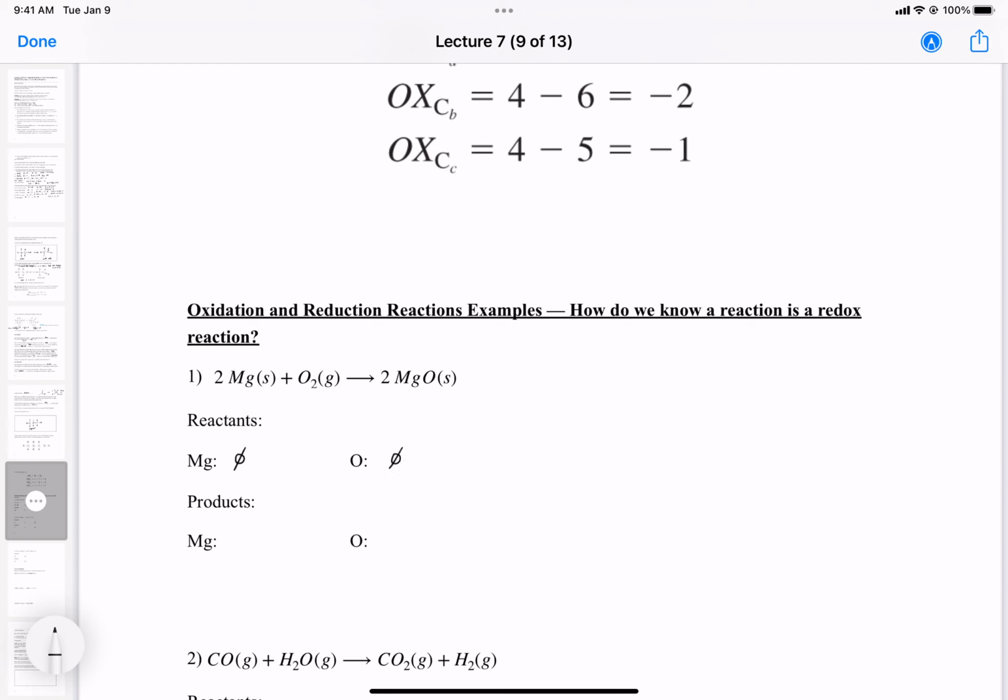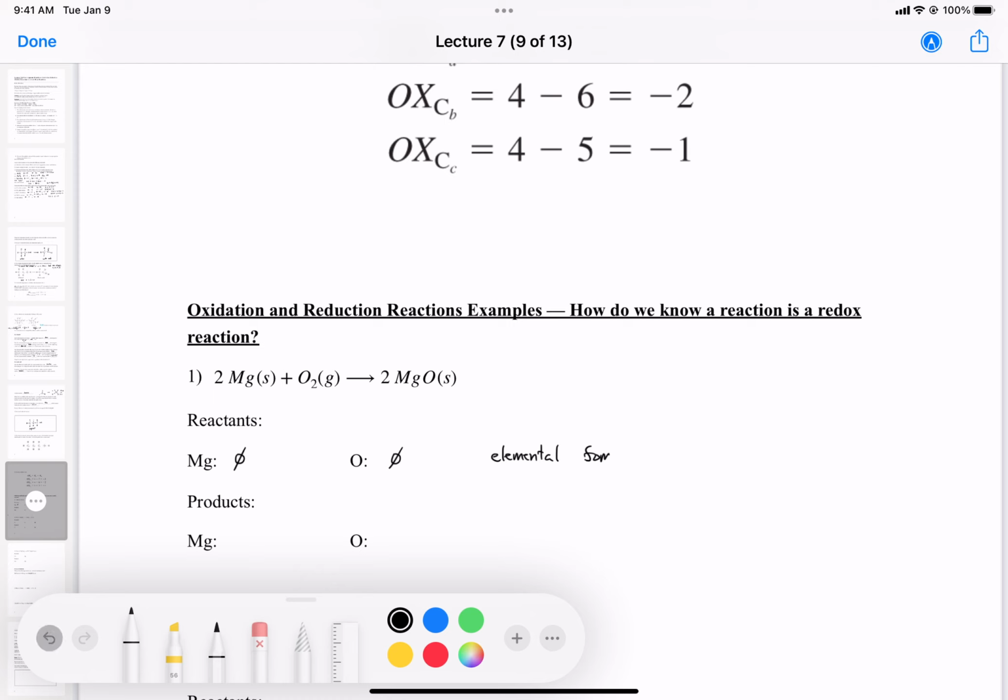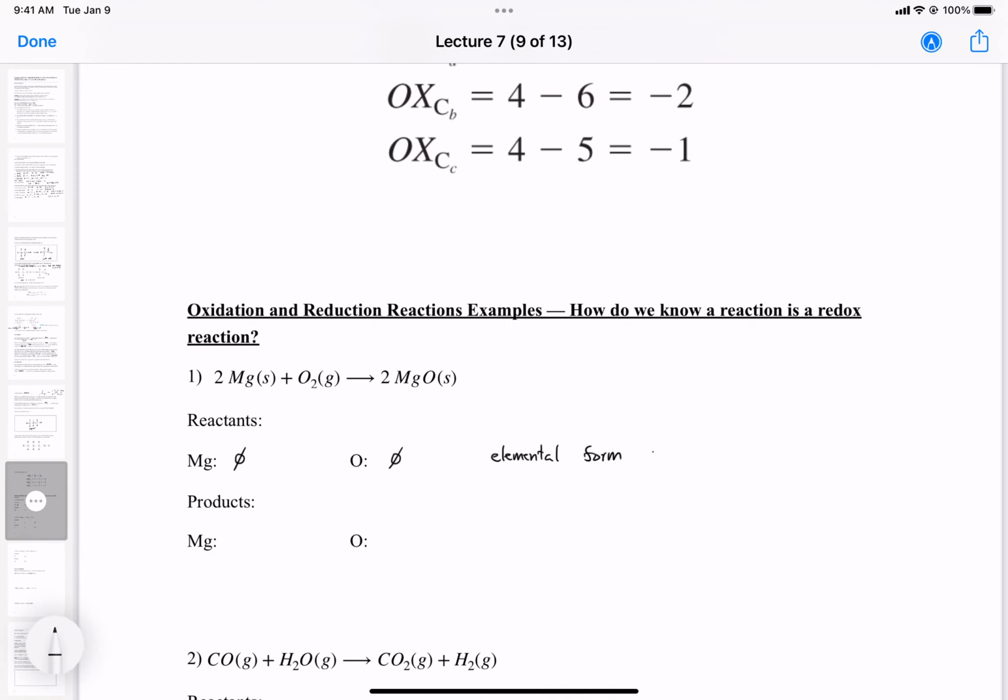And the rule here is elemental form. So when we have the elemental form of an element, it's always going to be 0. Okay? Always 0. Products.